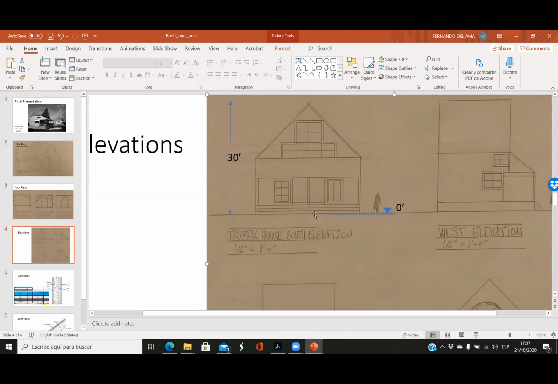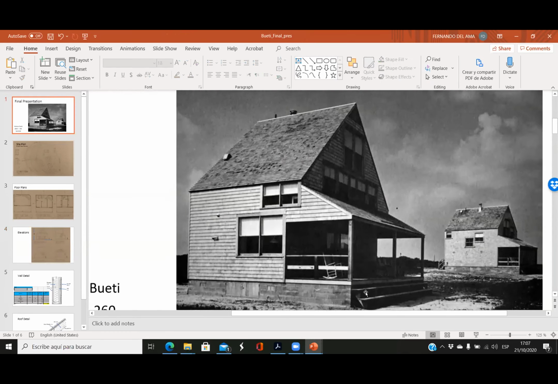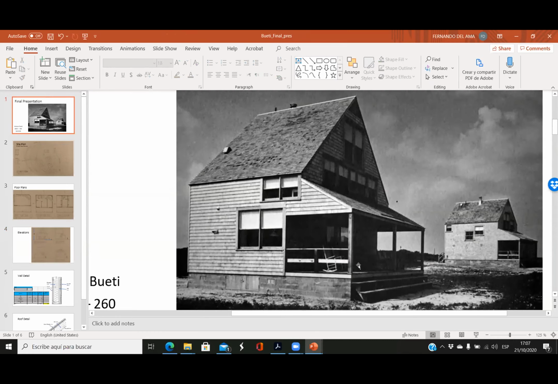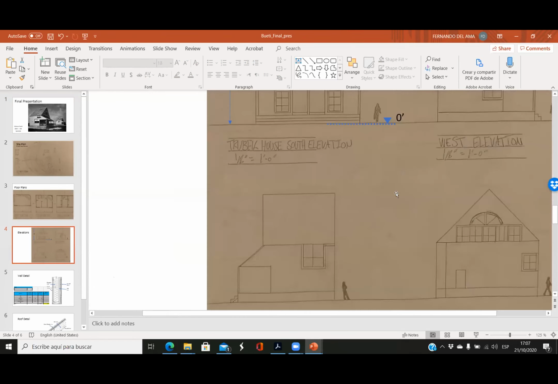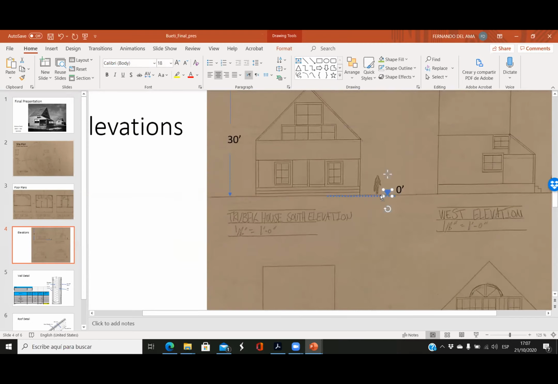Then if you have some steps to go up, and I think you have 3 or 4 steps to go up, then the second level would be that one. So there's another level here. How much? I don't know, 3 feet, whatever.